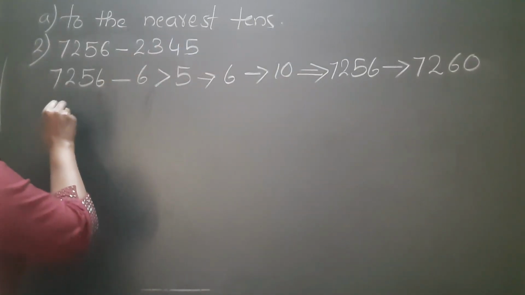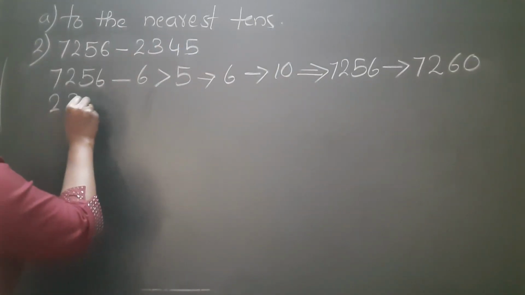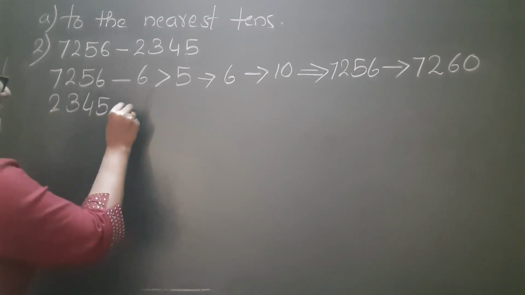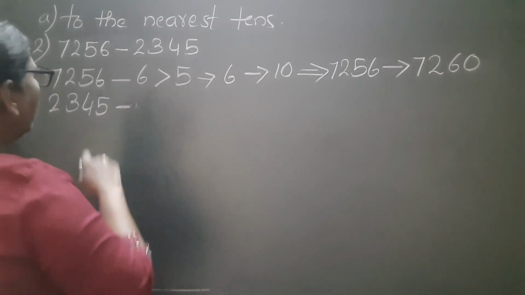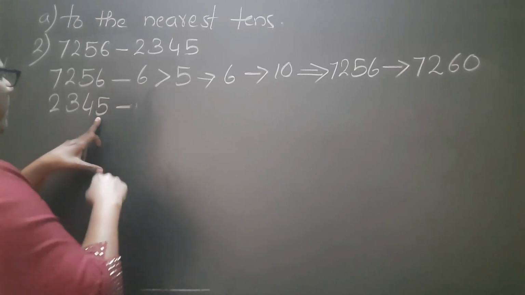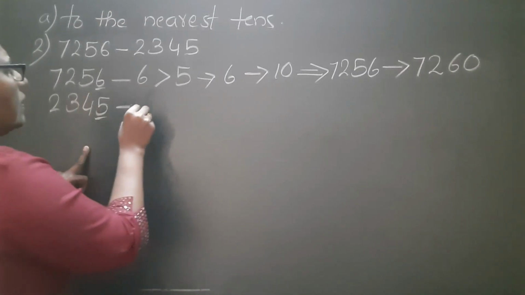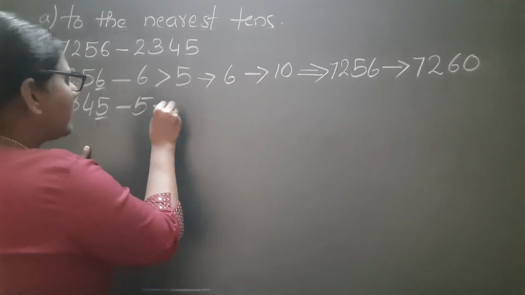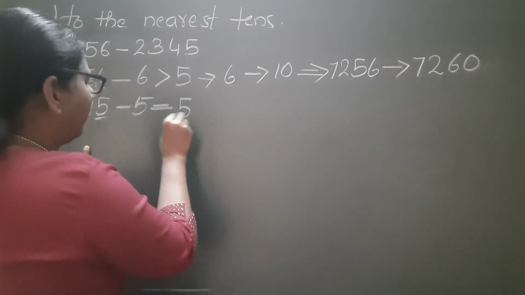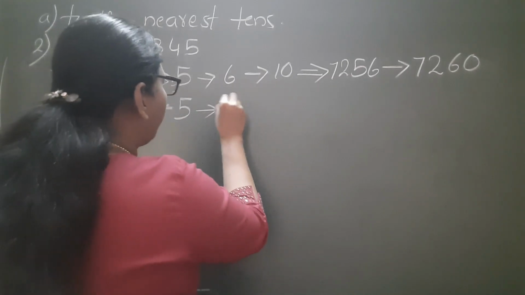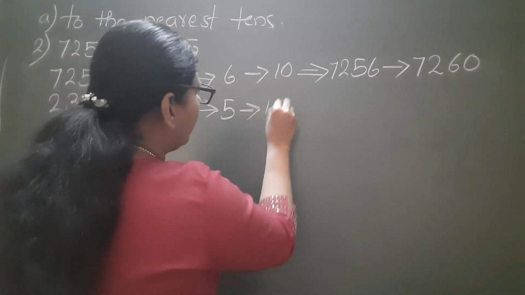The next number is 2345. In this number, 5 is in the ones place. 5 is equal to 5, so 5 rounds off to 10.